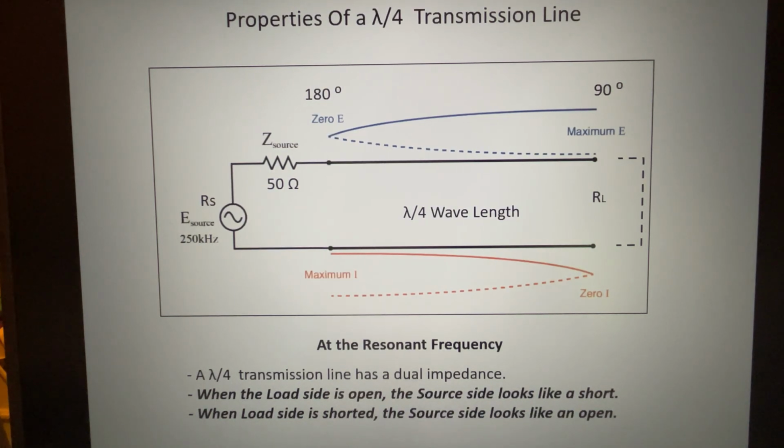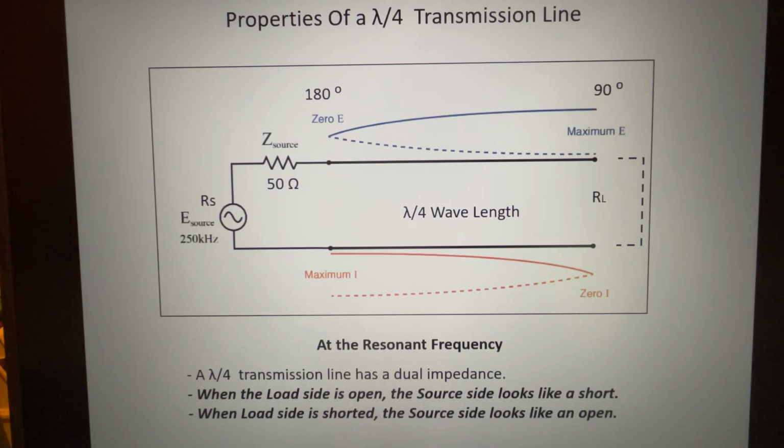Now, the unique characteristic of a quarter wave transmission line, and we're going to look at this on the NanoVNA as well, is that when the load side is open, the source side looks like a short. And when the load side is shorted, the source side looks like an open.